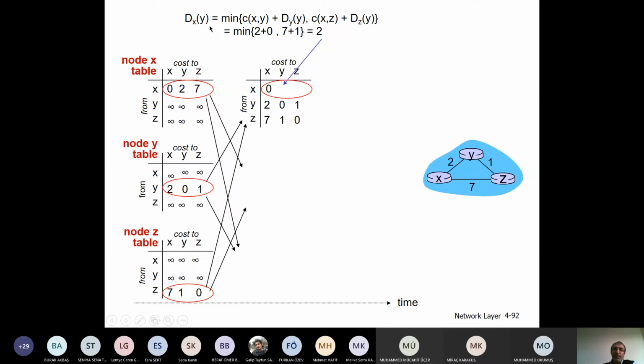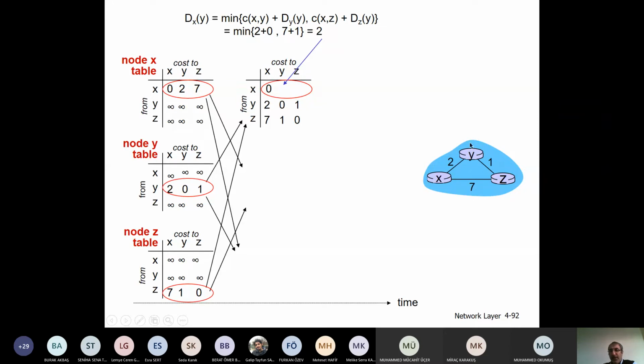In the case of X, D_x(y), because this column is the cost from X to Y, let's calculate together. It is equal to the cost from X to Y plus the cost from Y to Y, and then the next one is the cost from X to Z and from Z to Y, because I can reach Y in two ways in this network.